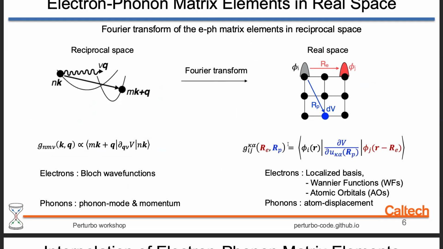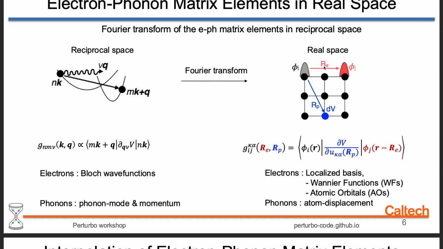And here it's a coupling where all the quantities are localized. So the electrons are in two different Wannier orbitals, or it can also be atomic orbitals on two different sites some distance apart. And the phonon mode is the movement of a single atom in a certain direction, so that's also localized.